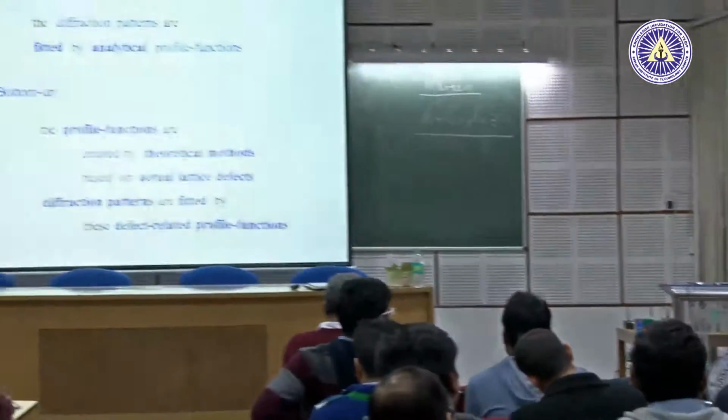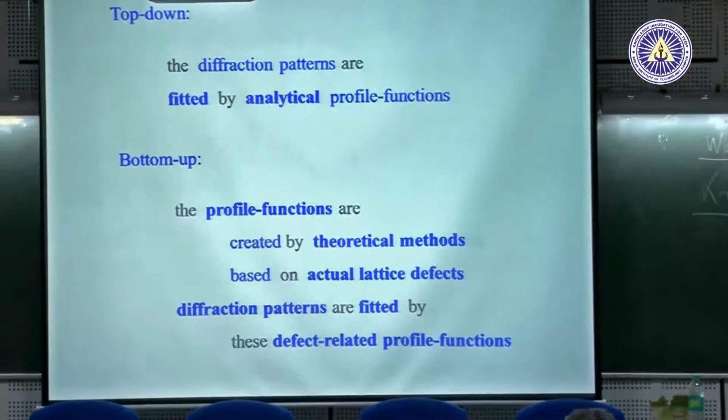And Krivoglass was the first who realized that and described the effect of many dislocations on a line profile. Okay, his profile function was partly good, and I will show you how it was improved by the late Wilkens.